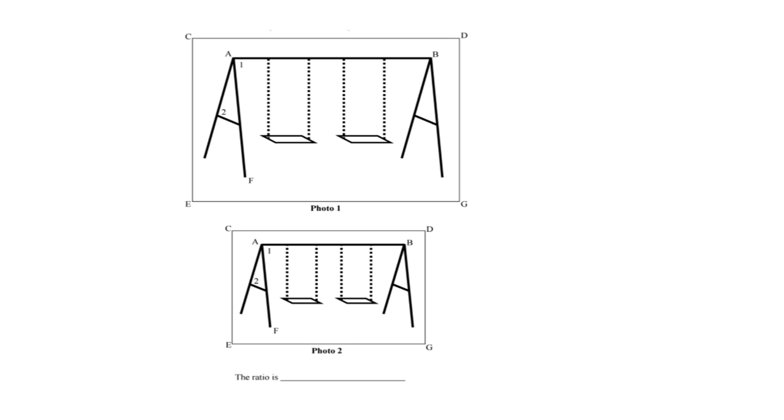If I look at line AB in photo 1 and I measure it, I don't have to take anything special, I just take a ruler and I measure it, I will see that it is about 8.5 millimeters, from point A to point B.